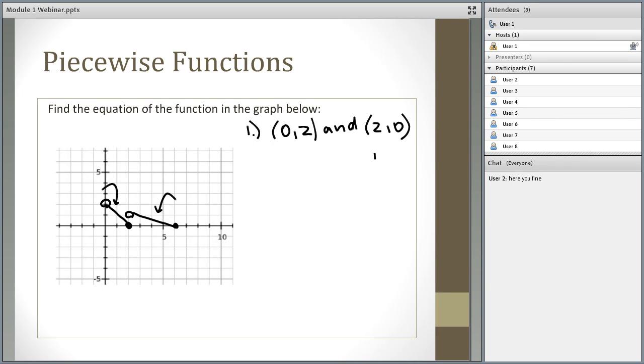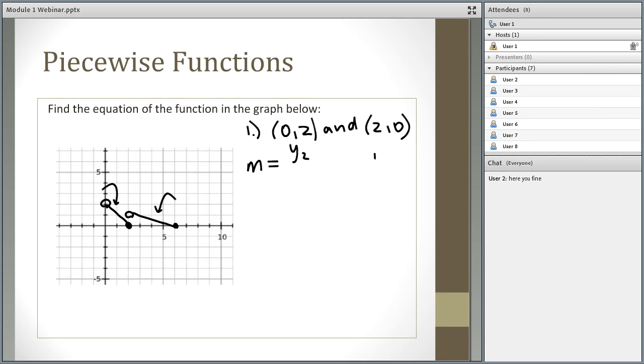The reason I'm getting 2 points here is because I need to find the equation of the line. And to get the equation of the line, I need a point and I need a slope. So I have to find the slope of this line. The slope is usually denoted with the letter m, and the slope represents the change in y over the change in x.